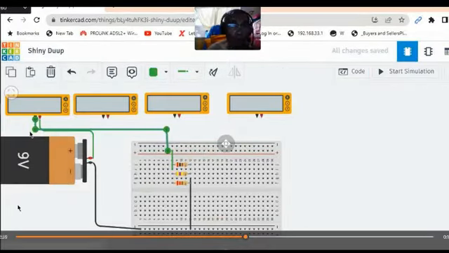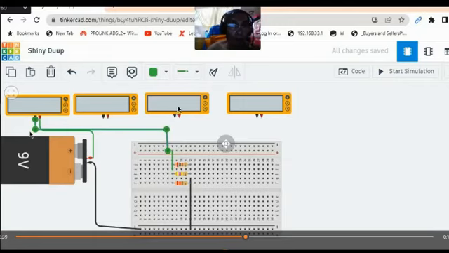In measuring the current that will pass through the circuit, I use this first multimeter. This is also the multimeter assigned to the resistor R1, which has a value of 200 ohms.